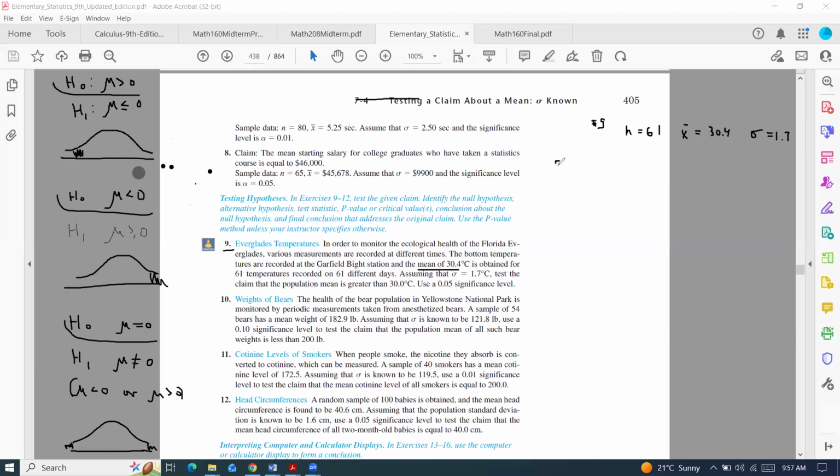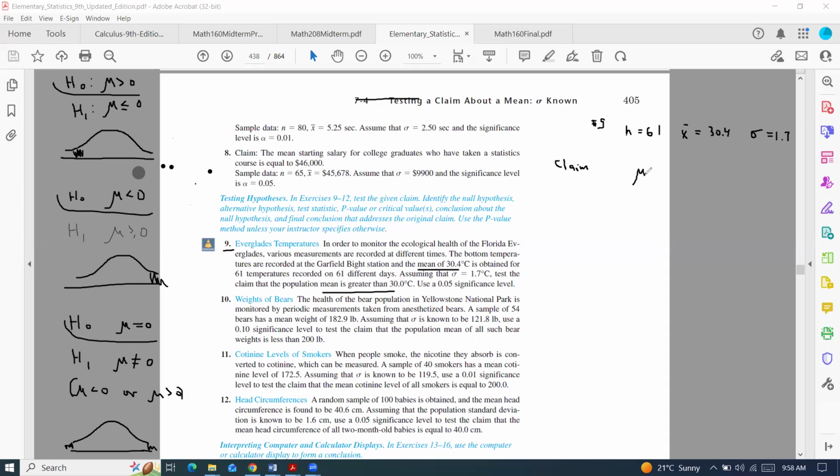And then the question comes, test the claim. They can claim anything they want. So they say the mean is greater than 30 degrees, the population mean, which is mu. Notice claims are always about the population.